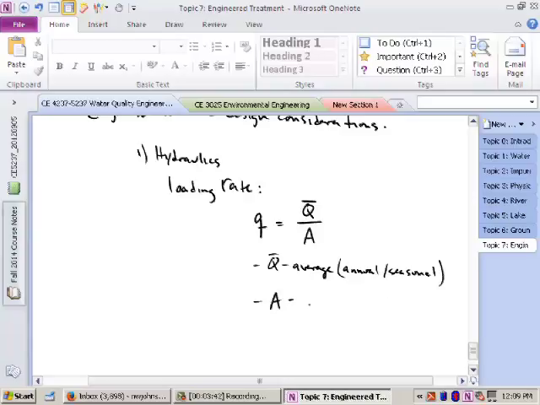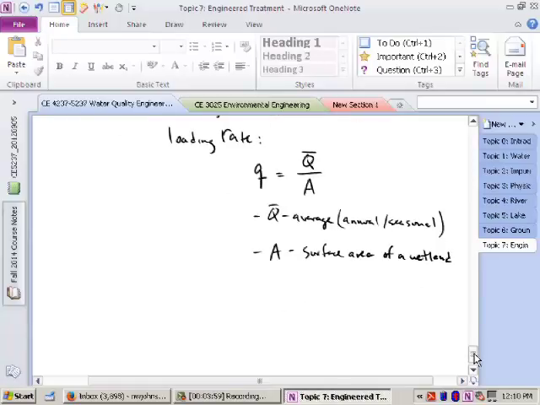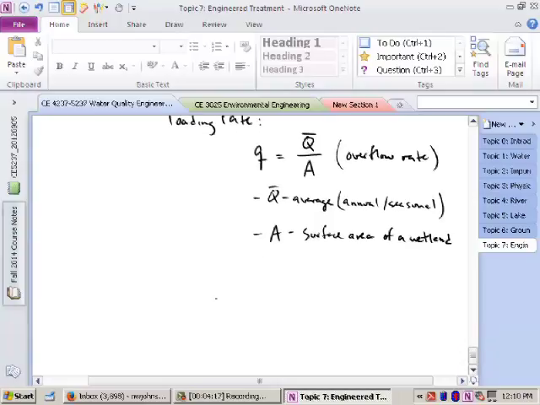And A is not the cross-sectional area, but the overall surface area of a wetland. So this kind of looks like a Darcy velocity sort of a thing, but it's maybe more appropriate to think of it as like an overflow rate. Right? More like the Q that we used in the context of simple eutrophication phosphorus balances.